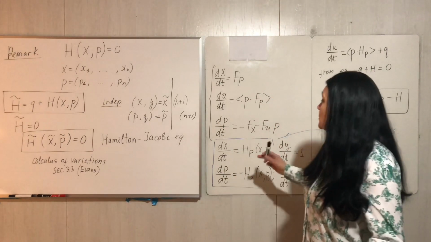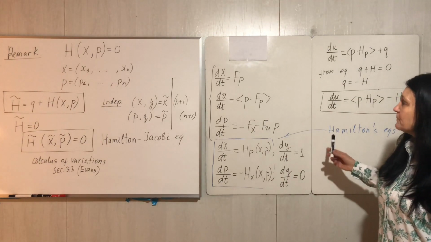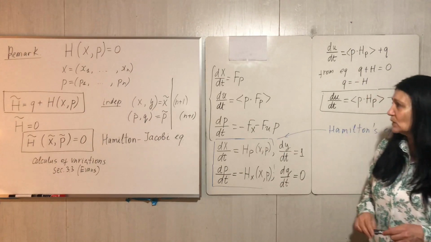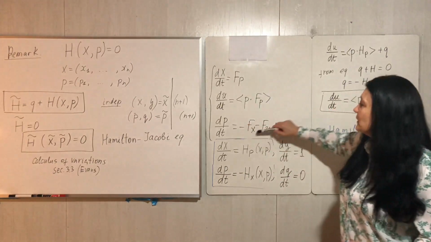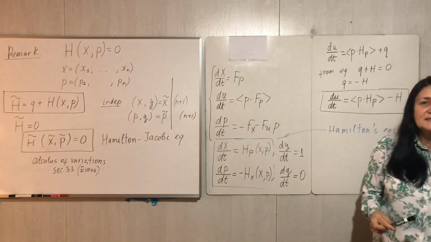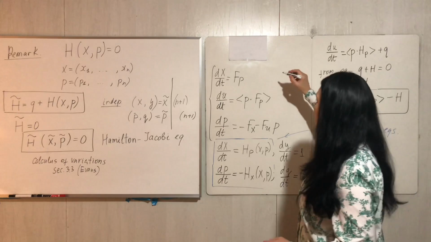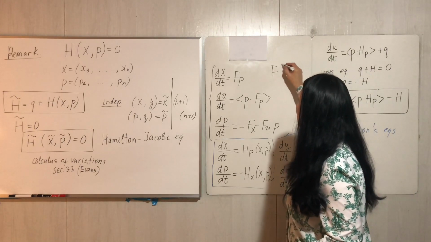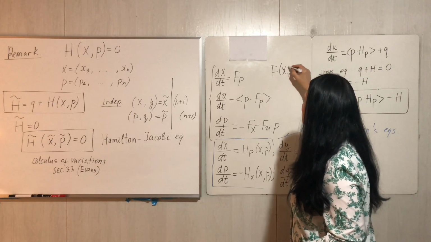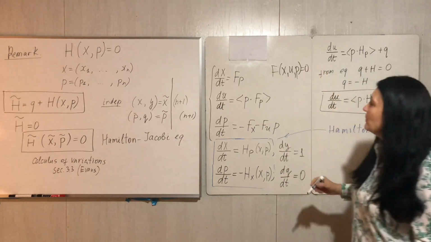And so now what will our characteristic equations look like? Here I just copied again the system of characteristic equations for a general nonlinear equation in the form that we had before, f of x, u, p equals 0, right?